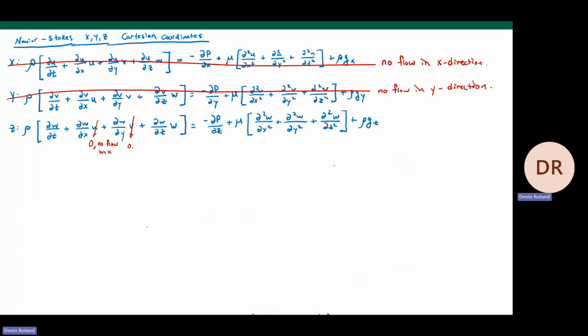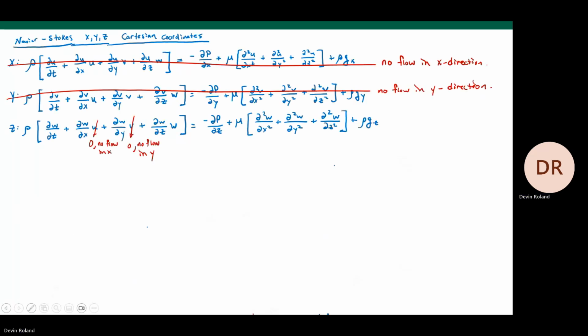This v is 0 because there's no flow in y, right? So both of those can go away. Then what else do we know here?